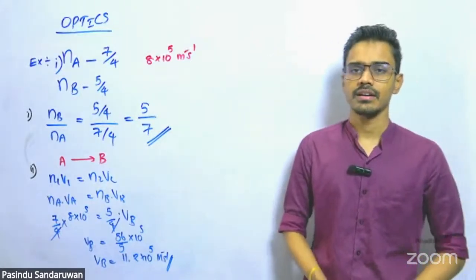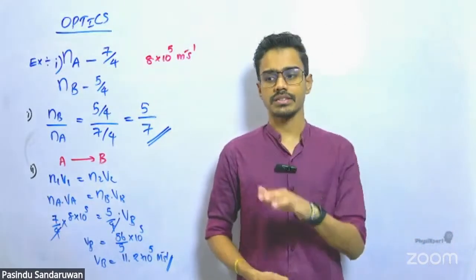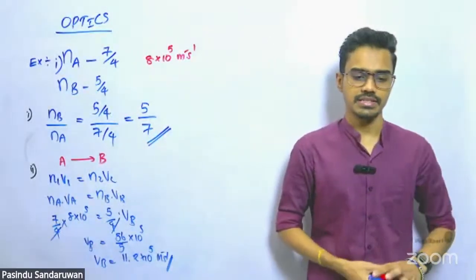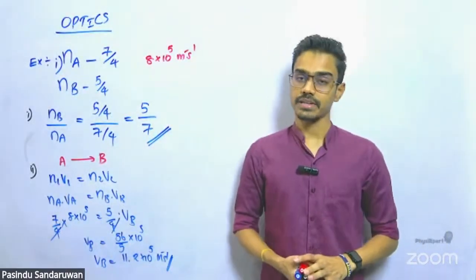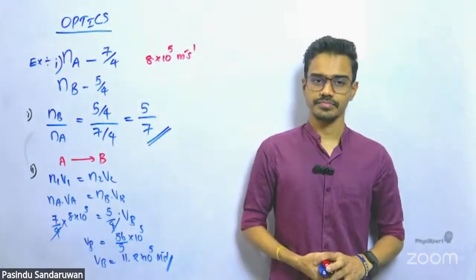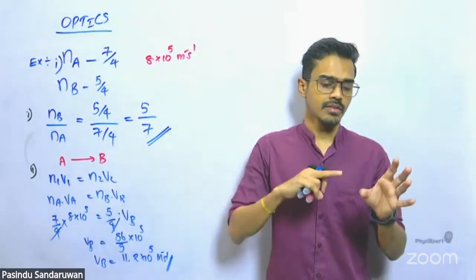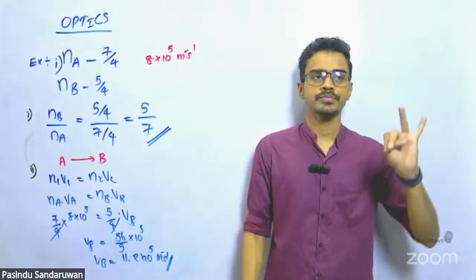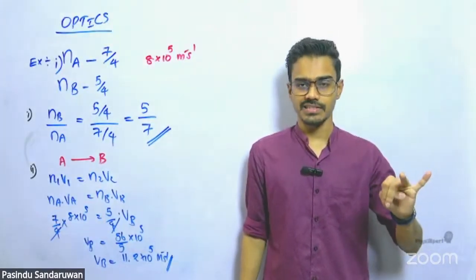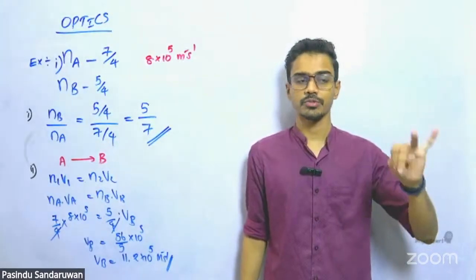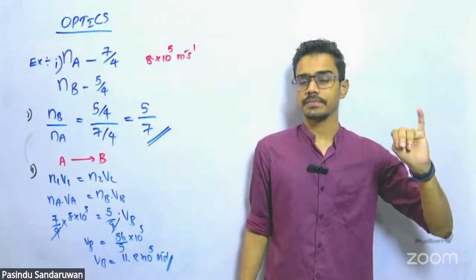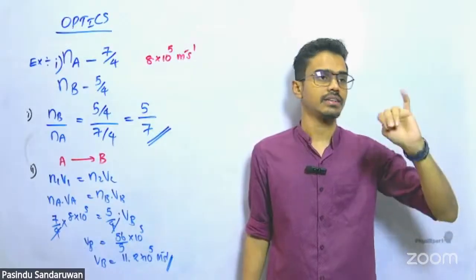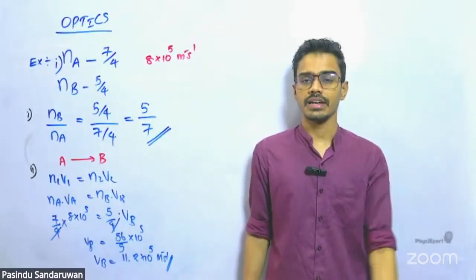So today I'm laying the foundation. Then in optics, there are many parts coming up, like refraction, refraction through lenses and prisms, real depth and apparent depth, then eye defects, then optical instruments.